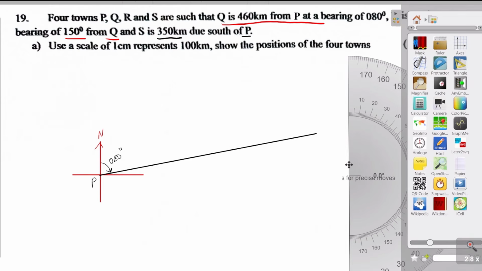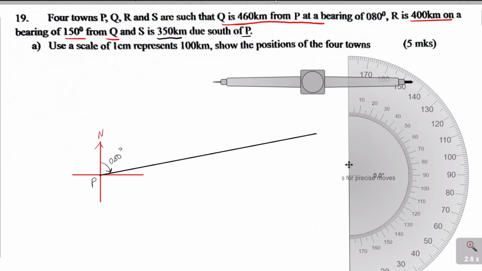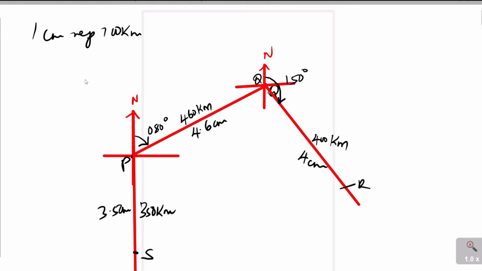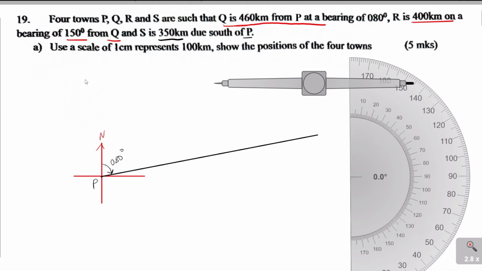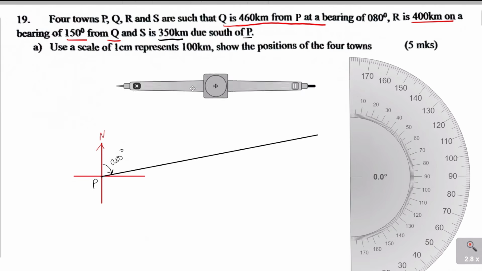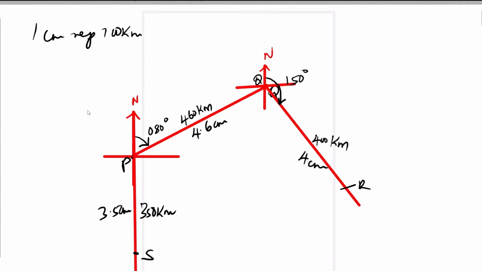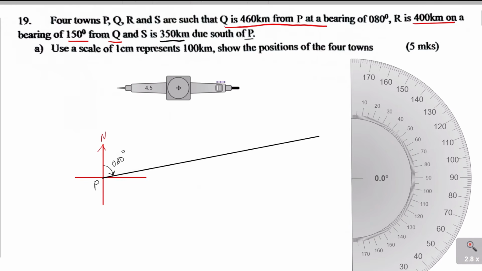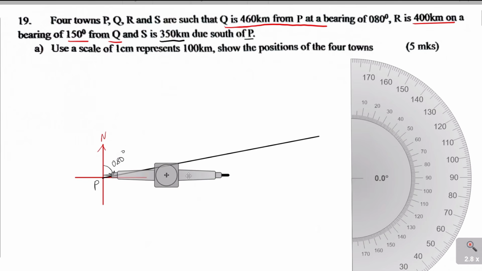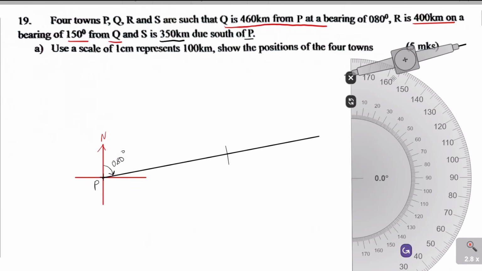Then from there we need to take a measurement of 4.6 centimeters. You can see that from the sketch. With 4.6, you stand at P and you mark an arc there. That is where we shall have the position of Q.